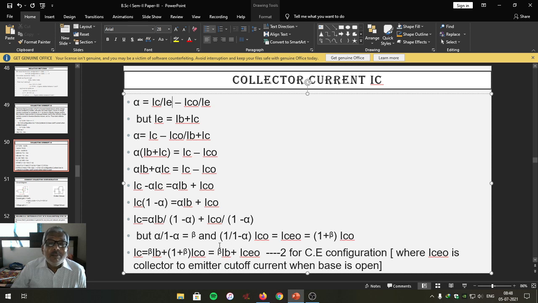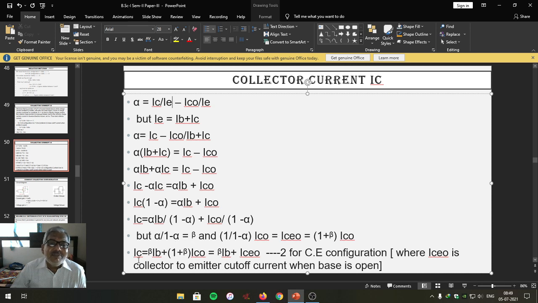That is beta IB plus ICEO, where ICEO is collector to emitter cutoff current when base is open. Thus we can say in case of BJT, IC collector current is given as beta IB plus 1 plus beta times ICO.